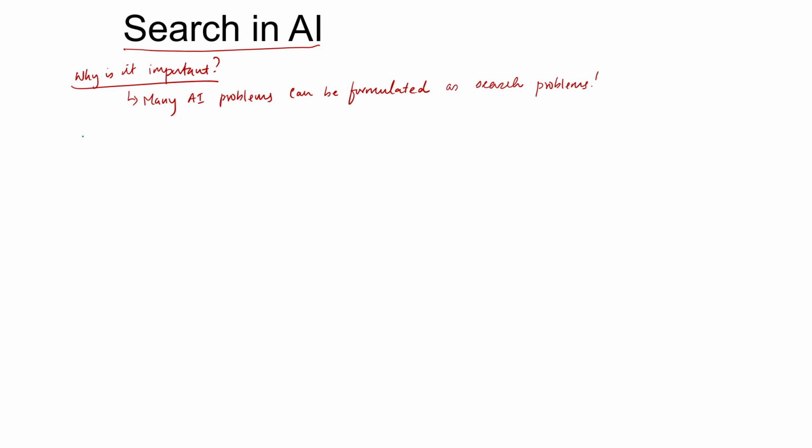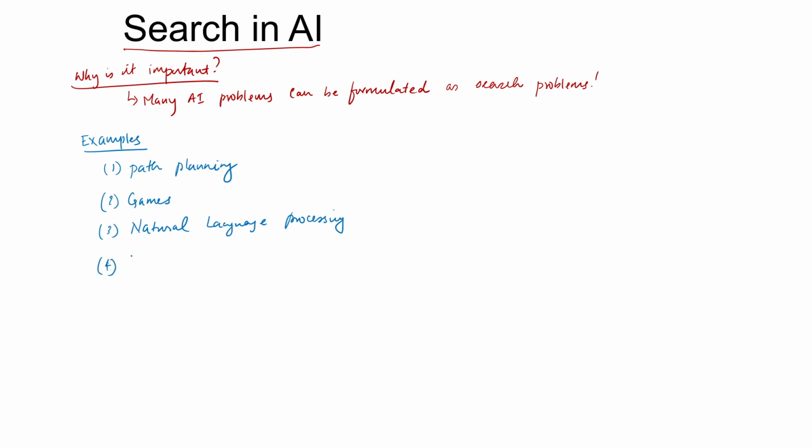Now, examples. What are some of the examples? Path planning or routing, games, natural language processing, NLP, then machine learning, genetic algorithms.